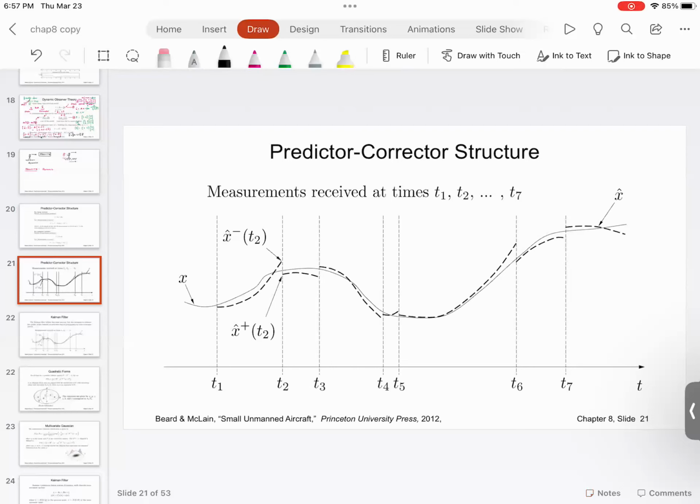If you look at the Kalman filtering predictor corrector structure, you receive measurements at each time. Now I want you to understand that you have IMU data that you don't trust because it's drifting.